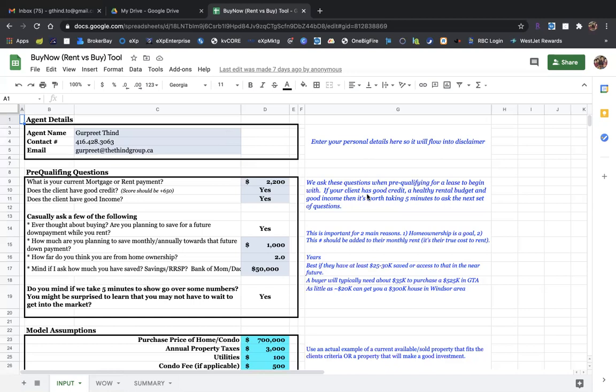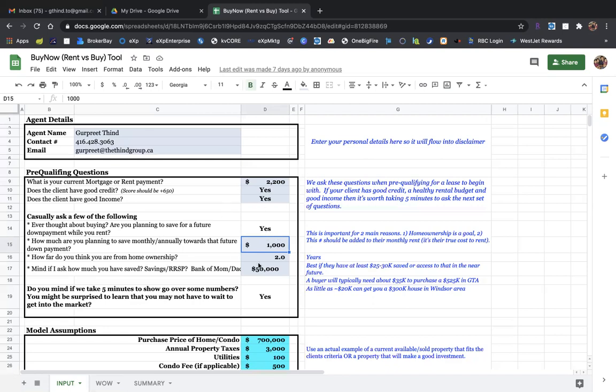It doesn't really matter what the number is, but let's assume they tell me it's $1,000. So this client that I just made up, they're looking to rent for $2,200 a month right now. They're saving $1,000 a month towards their future down payment or future buying goal.